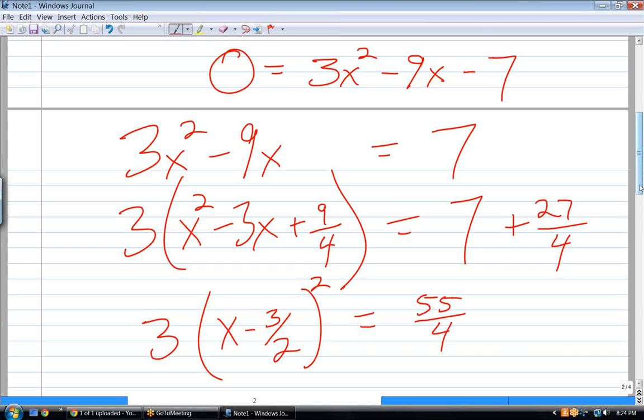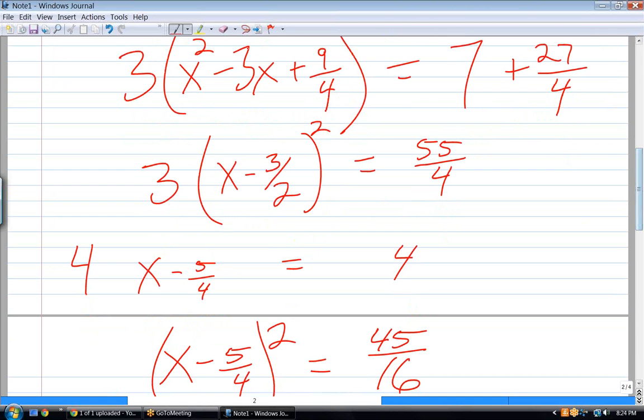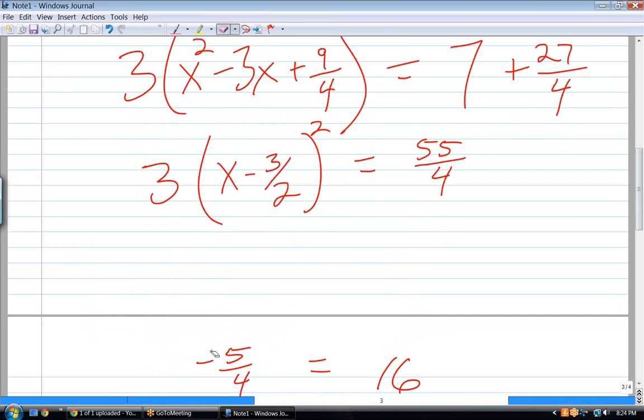Okay? Now we divide by 3. We could have done it in either order, but it's more logical at this point. Because now we can see that if we divide both sides by 3 and then take the square root, I'm going to be able to come up with an answer for x.